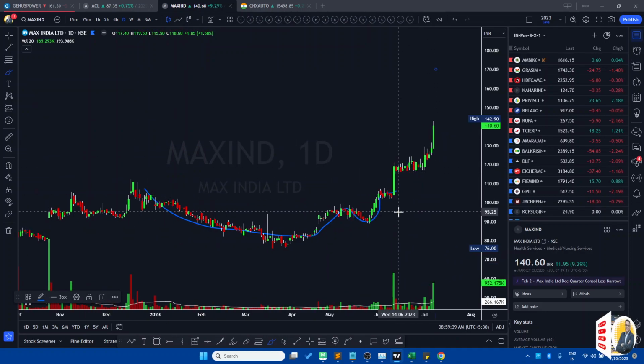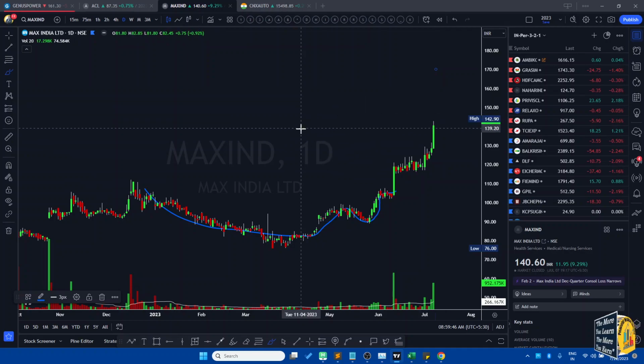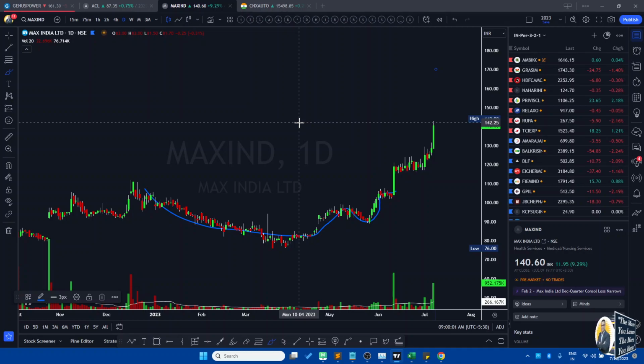and for such stocks, if you want to track, what I do is I look at stocks which are close to the 52-week high, say 10 to 20% below the 52-week high. Or you can also filter stocks which have gone up 20% in 1 week, or stocks which have gone up 25% in the last 1 month, because that's where your chances are.